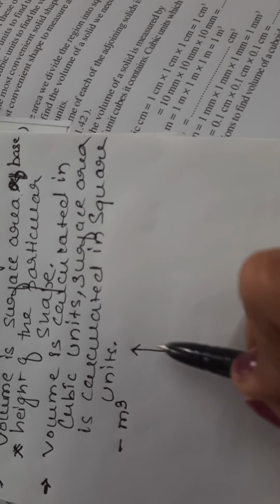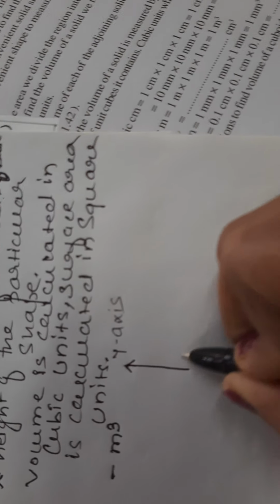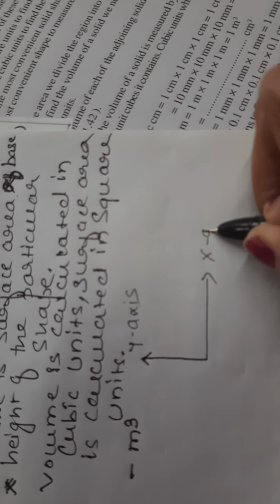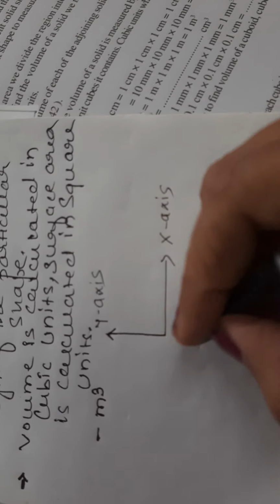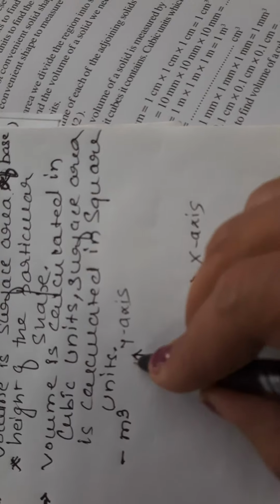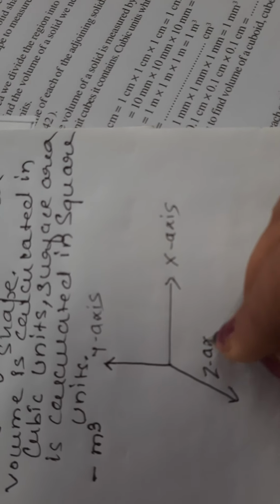If you draw on graph paper, this vertical line is the y-axis, this horizontal line is the x-axis, and there is another axis called the z-axis, that is the height.